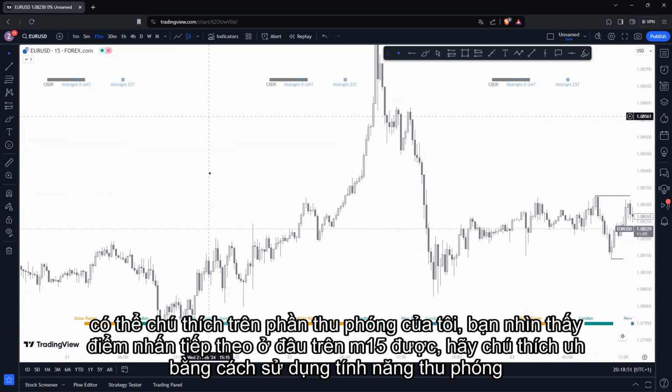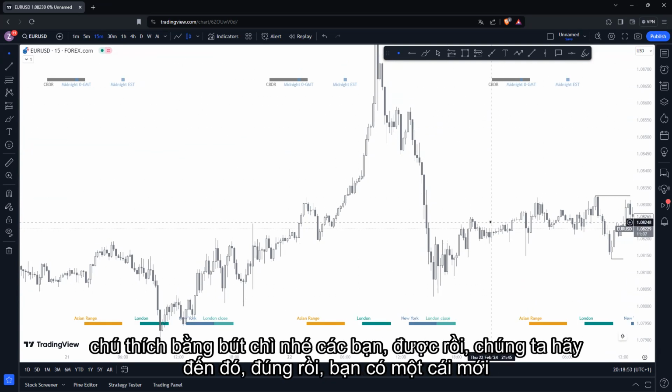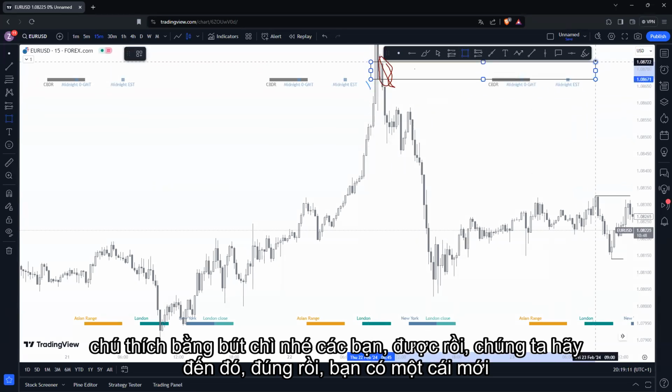Annotate using the Zoom pencil. Annotations, guys, come on. Okay. That one. Let's go there. Okay. That is correct.